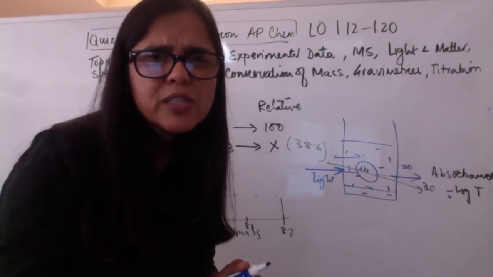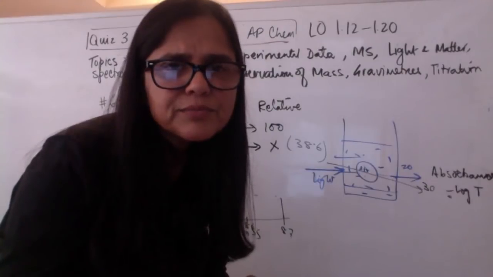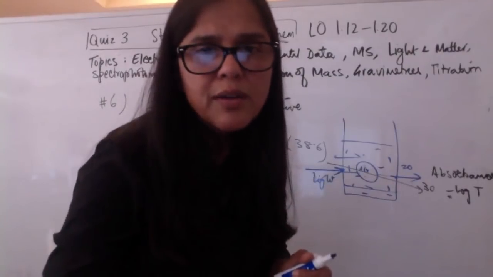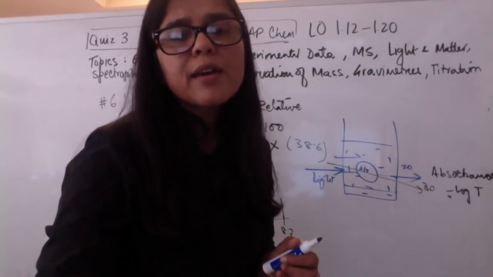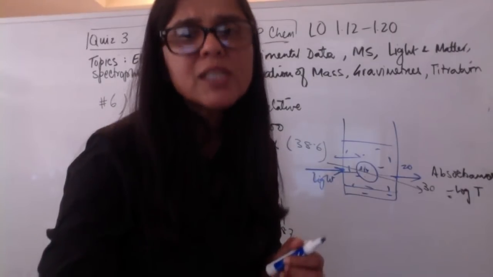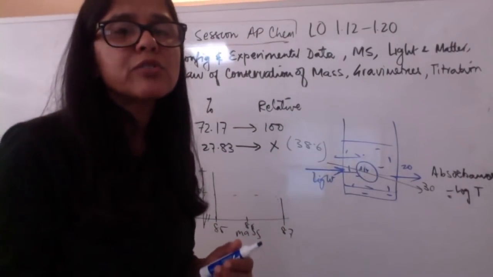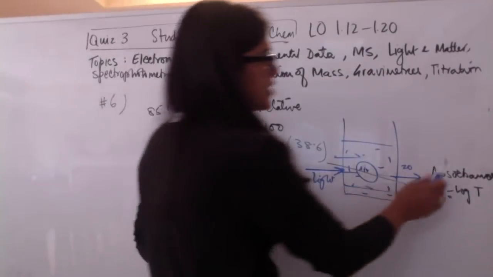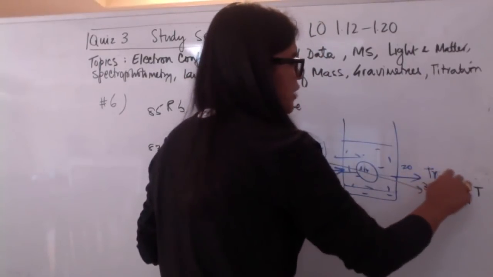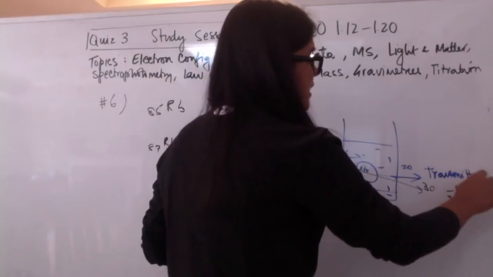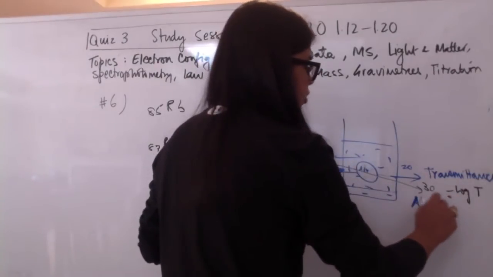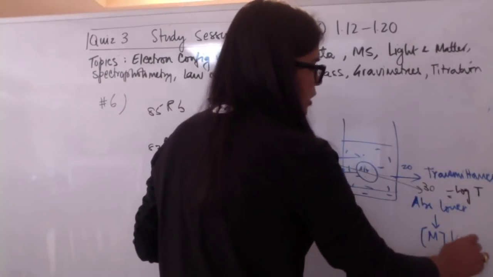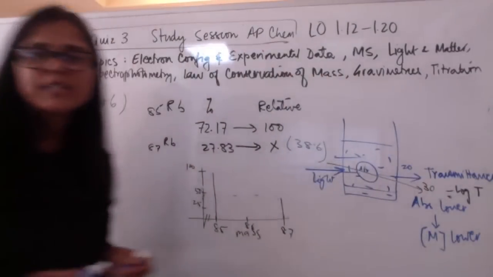It is asking for concentration, Krishna. So if lesser light is absorbed, its absorbance is lower. The 30 that I wrote, sorry, was for transmittance. So if its transmittance is higher, then its absorbance is lower. And if its absorbance is lower, that means the corresponding molarity you'll get will be lower. Does that clarify?